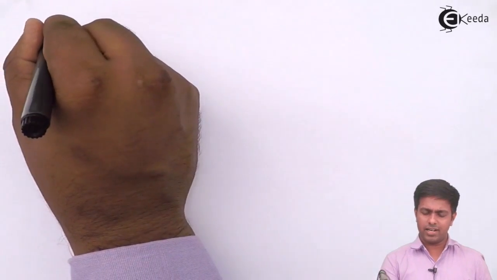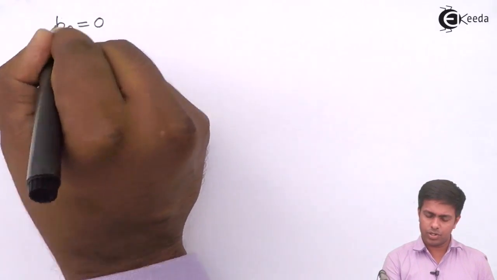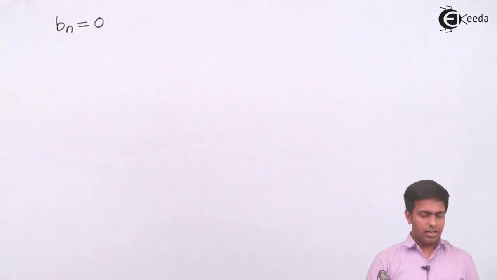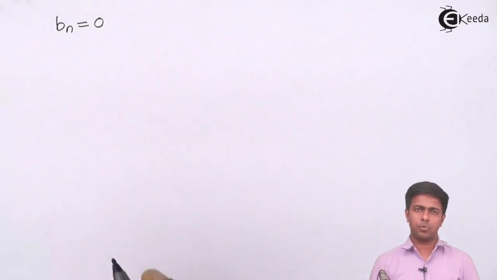So we know that it's very simple, bn is equal to 0 since the given function f of x is even. So now let's write down the Fourier series and put all the values.